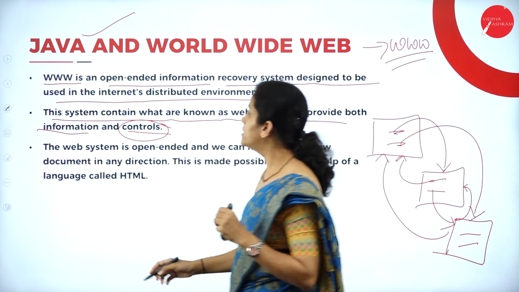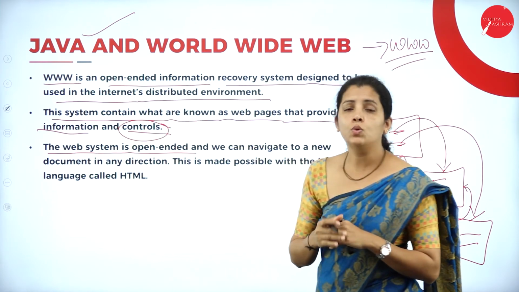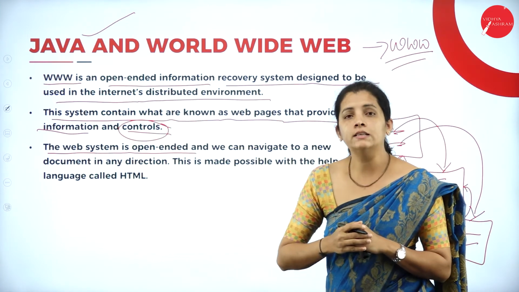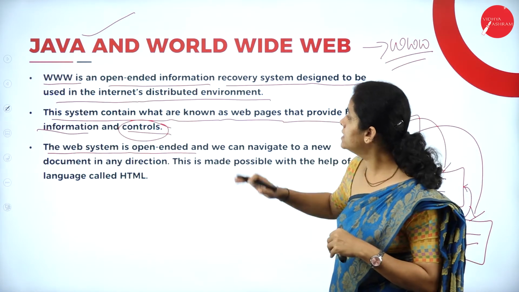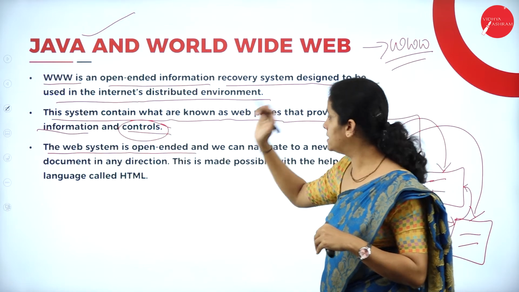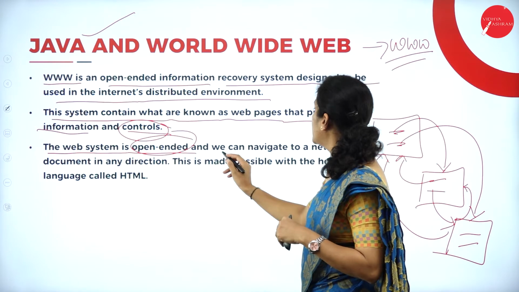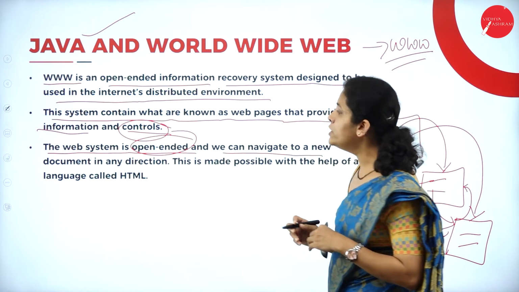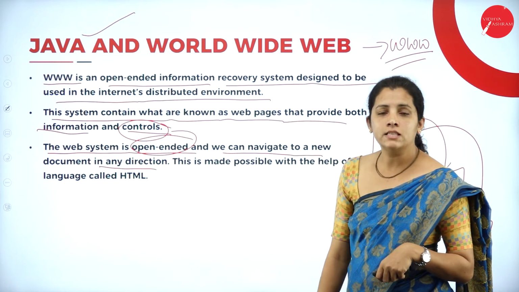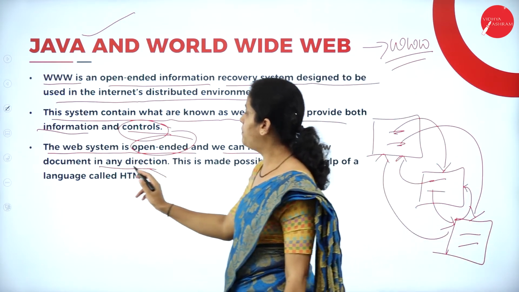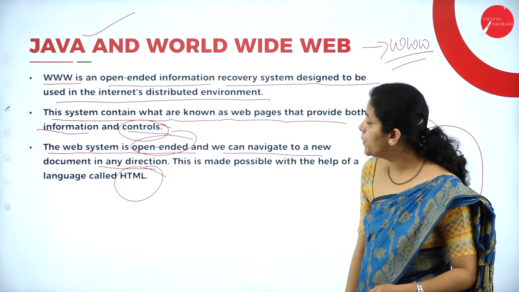So here the web system is open-ended. So what is open-ended? That is freely available to all users. That is an open resource, and that is itself called open-ended, and we can navigate to a new document in any direction, and this can be achieved with the help of hypertext markup programming language.